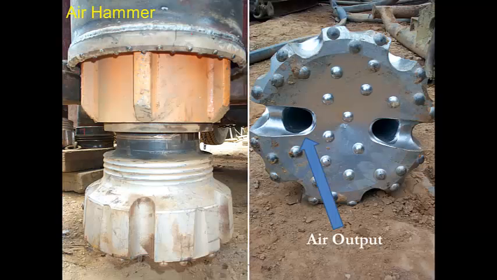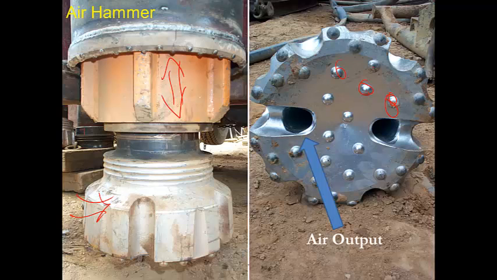Here's an air hammer. This is viewed from the side. This is the bit itself. And if we look at the bottom of the bit, we can see again these carbide buttons right there. So the hammer is moving up and down with a lot of force. When it goes down, it slams down, and these carbide buttons are slammed into the bottom of the hole, crushing the rock right below them.